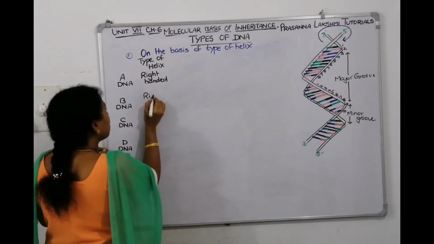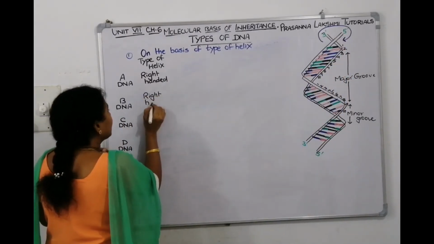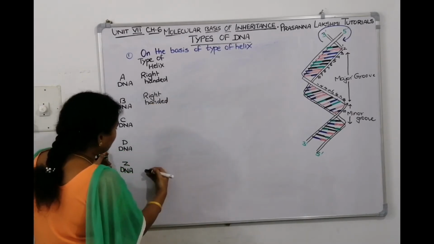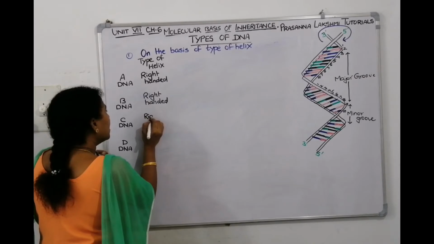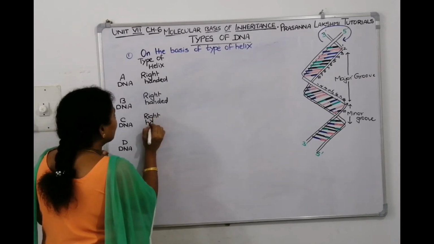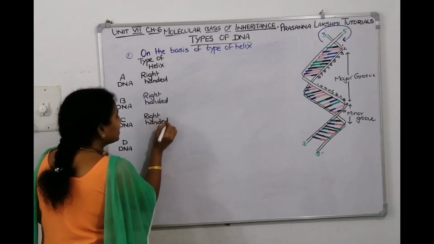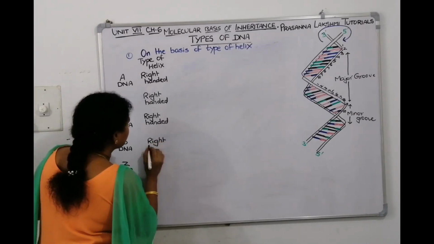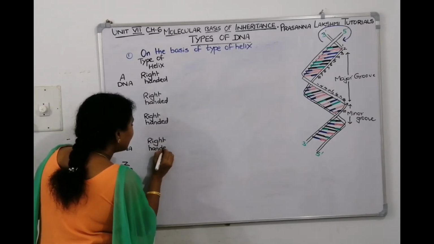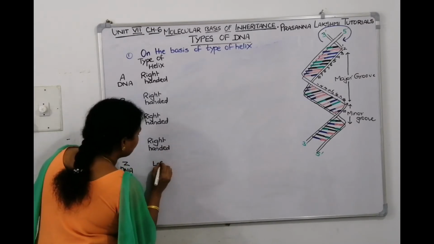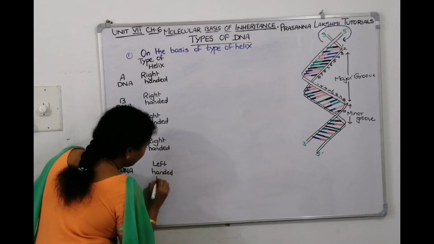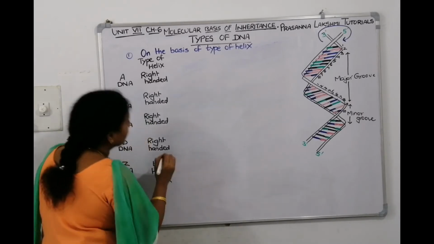You can repeat the same for C and D also, only Z is left-handed. C is also right-handed, it rotates towards the right around the axis. D is again right-handed, but only Z DNA will be a left-handed helix. This is the first point.